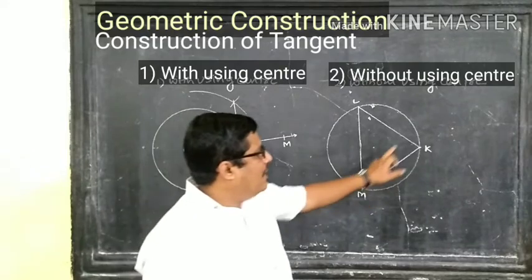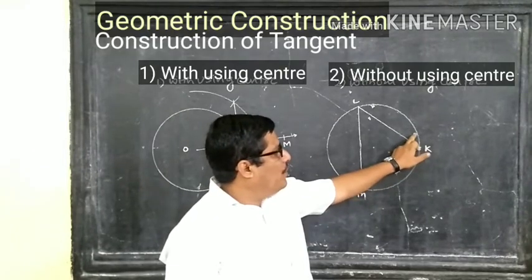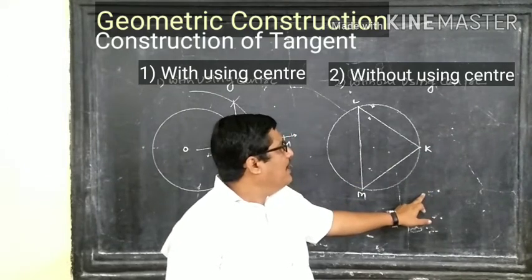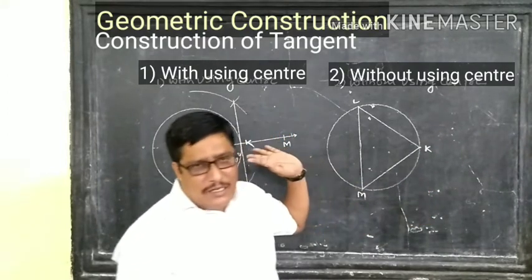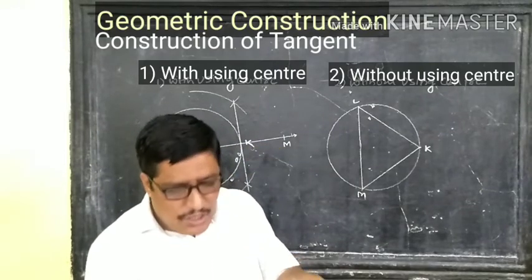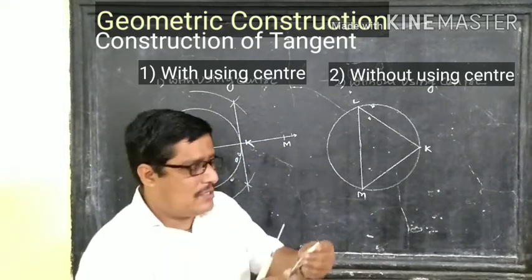Now if the angles in alternate segment are congruent, then the line which is passing through point K will be tangent to the circle. So here we have to use the construction of congruent angles.